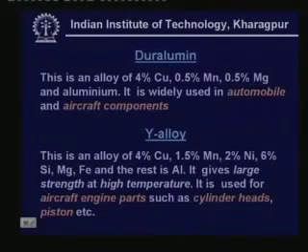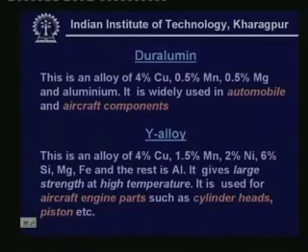The two forms of aluminium alloy are duralumin and Y alloy. What is duralumin? Duralumin is an alloy of aluminium which contains 4% copper, 0.5% manganese, 0.5% magnesium, and aluminium, of course, is the main parent element.